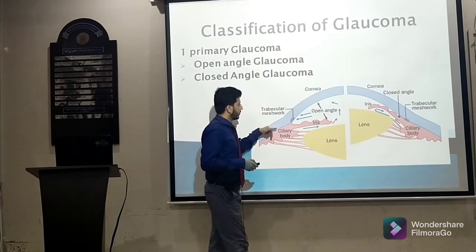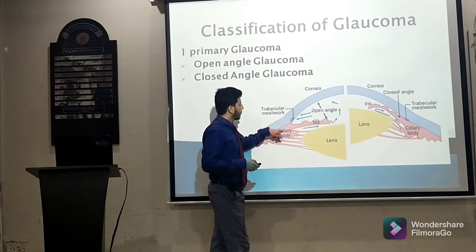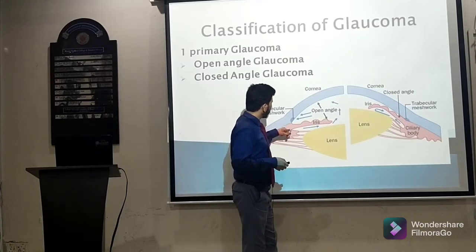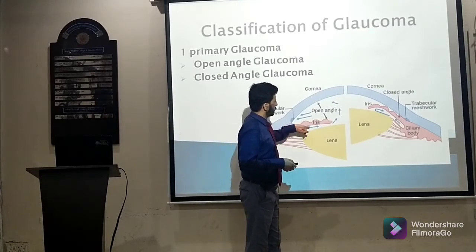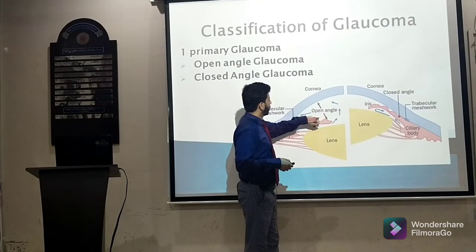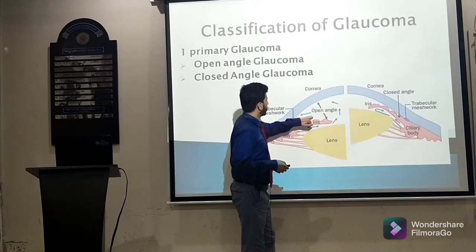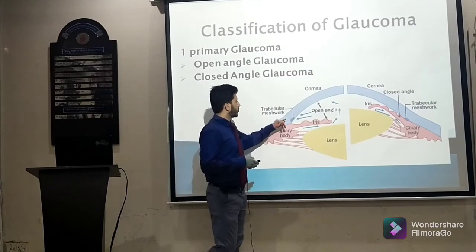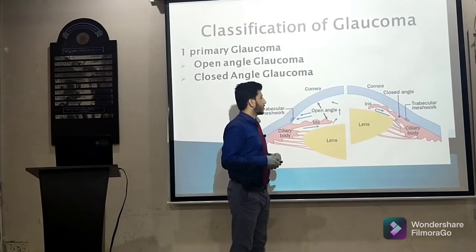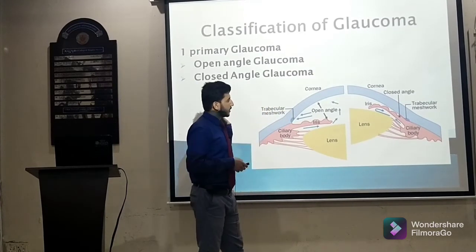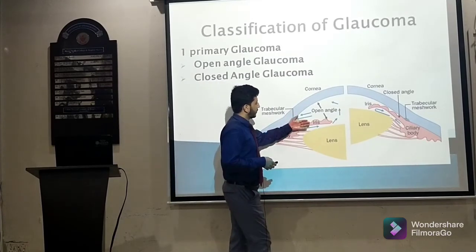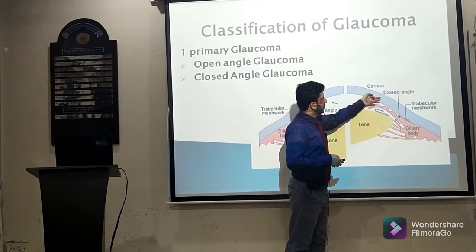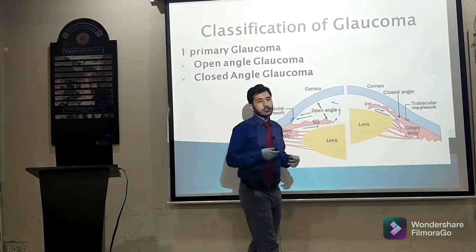Normally, the aqueous produced from the ciliary body comes across the pupil, and from the angle in the anterior chamber, it drains to the trabecular meshwork through the canal of Schlemm and episcleral vein. But in closed angle glaucoma, the angle between the iris and the cornea is closed.